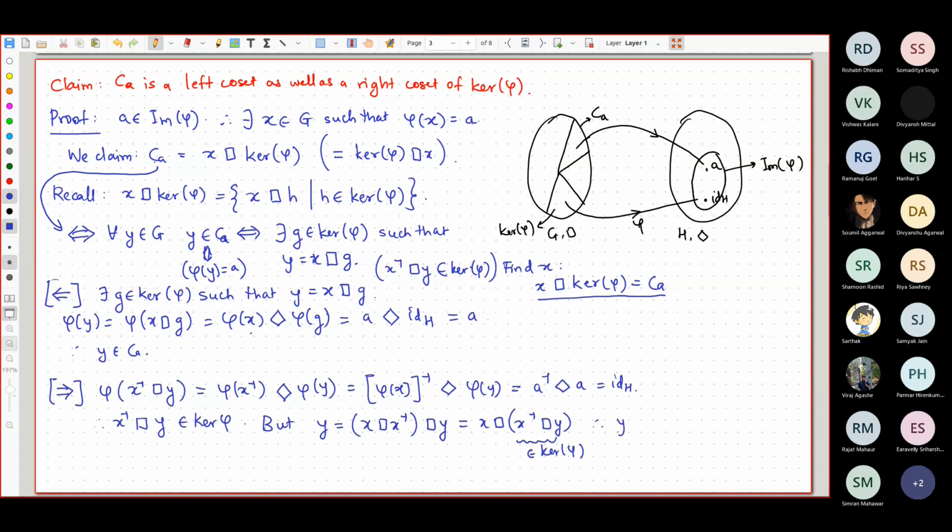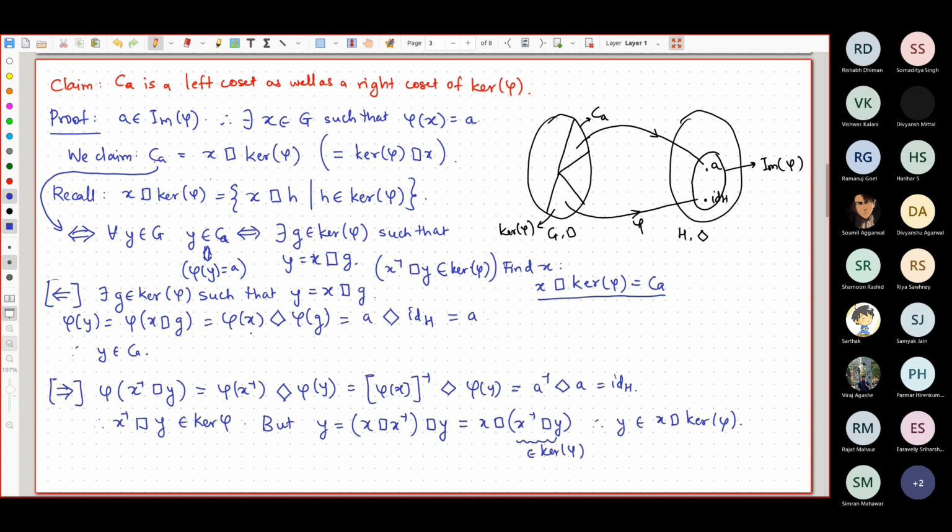Therefore, y is in x square kernel phi. So that way we have proved that if y belongs to CA, then y belongs to x square kernel phi. It's just a one-liner. It's just a matter of parsing what we are trying to prove, and using the basic group properties.